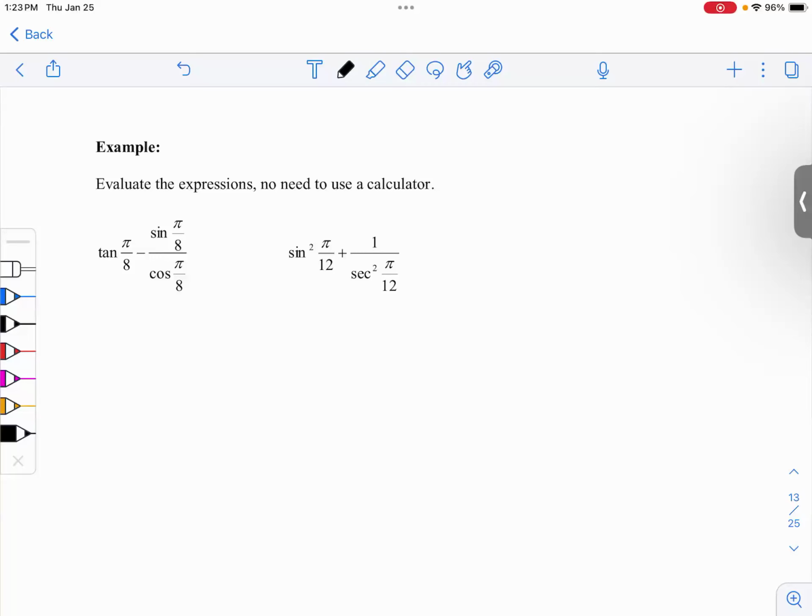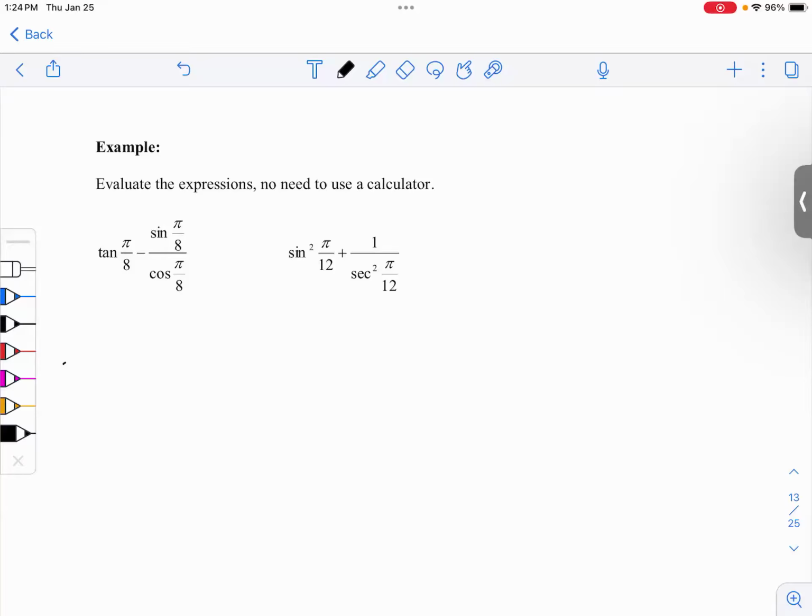It's important to understand that instead of saying tangent of theta, this is the angle. Pi over 8 is an angle. We're most familiar with degrees, it's something in the neighborhood of 20 degrees. Tangent of 20 degrees results in a value. But using my quotient and reciprocal identities, I can simplify this down.